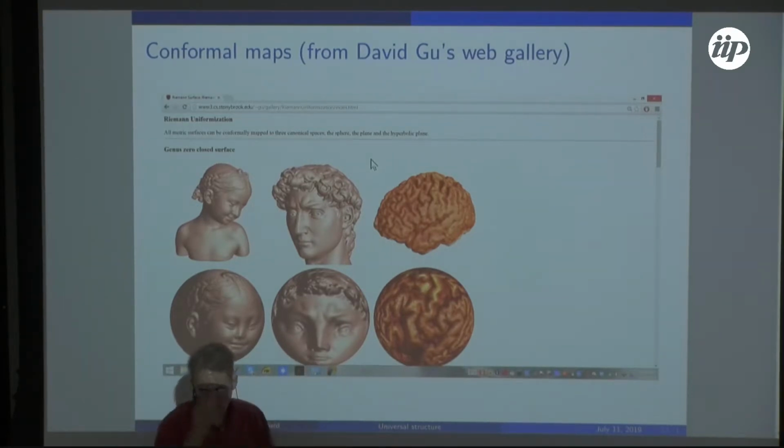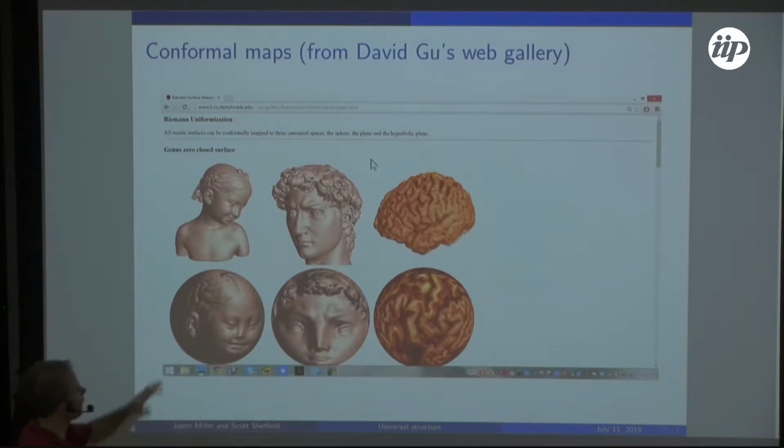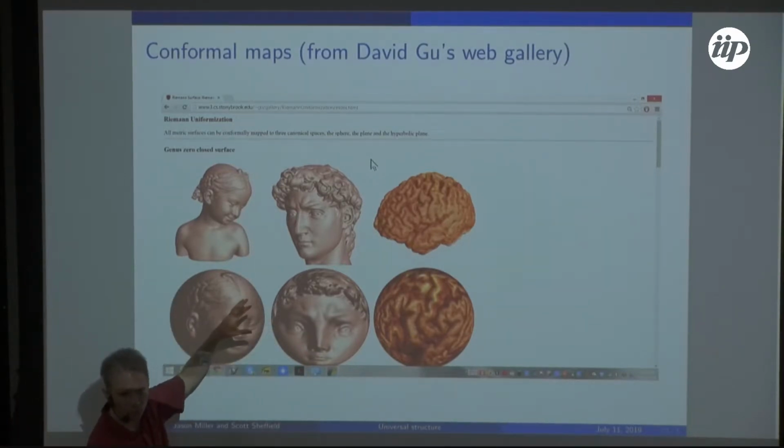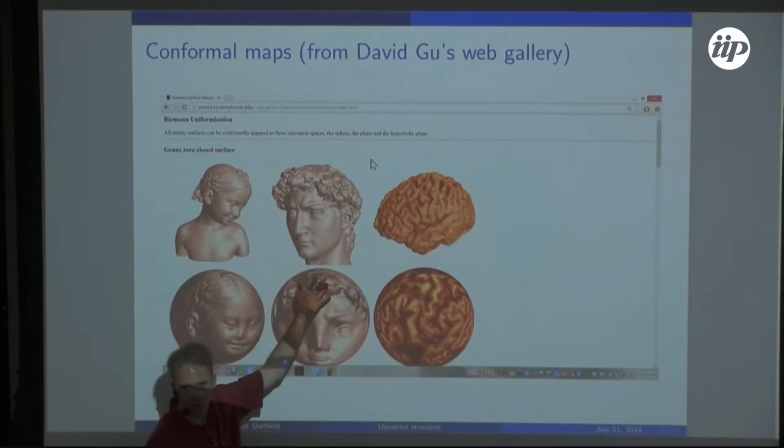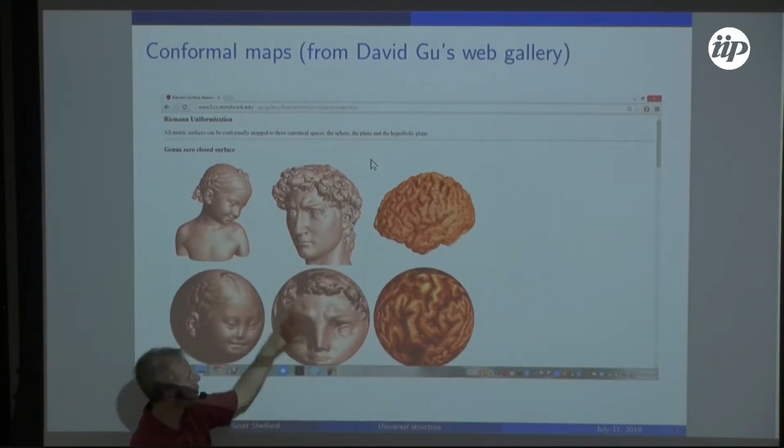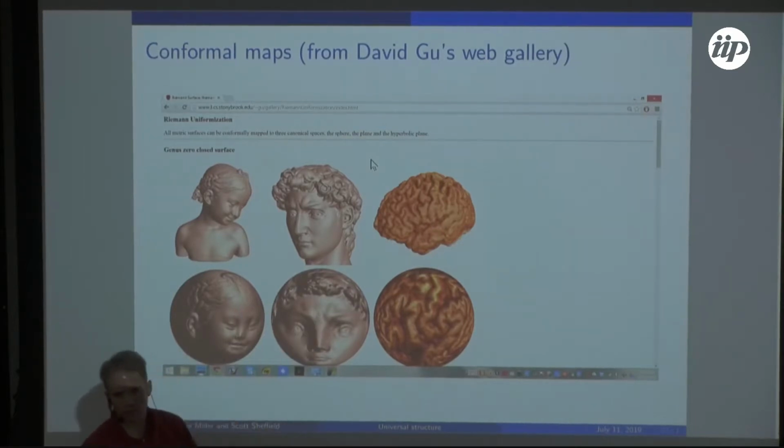And these pictures were made by David Gu, jointly with S.T. Yau at Harvard, 20 years or so ago, when they really wanted to help people understand what Riemann uniformization was about. And they said, well, there's all this data with these classical works of Greek sculpture. Let's actually show you what happens when you map those. And so this is what happens.